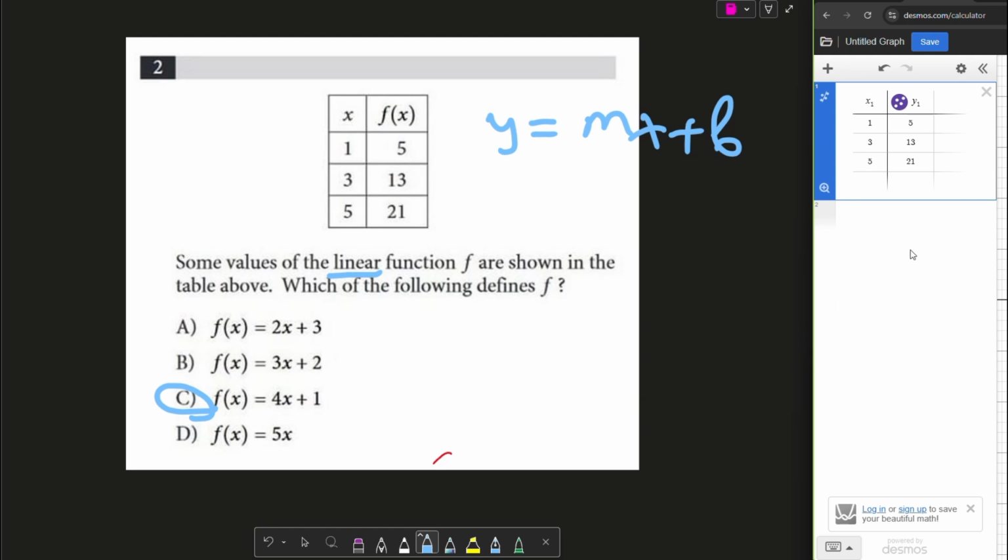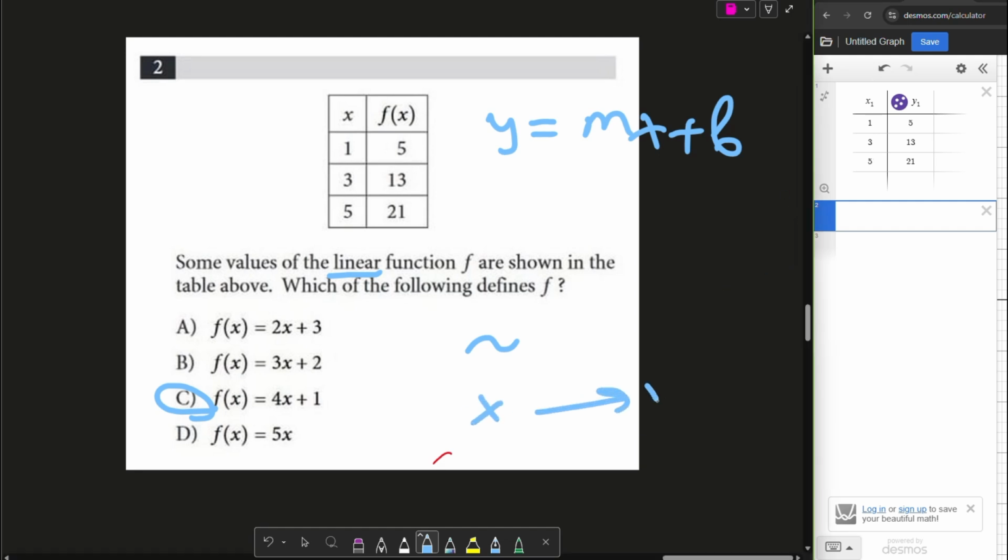But there's also a second option, and please make sure that you pay attention to this part. When we use a regression sign, which is basically this sign right here, whenever we see x, we must change it to x1, and whenever we see y, we must change it to y1.